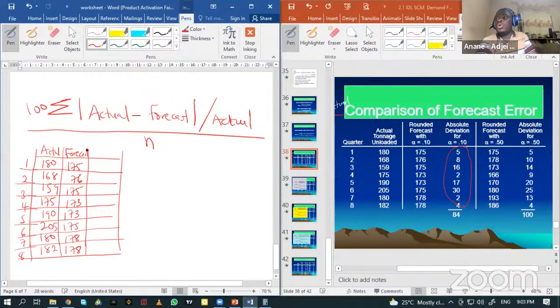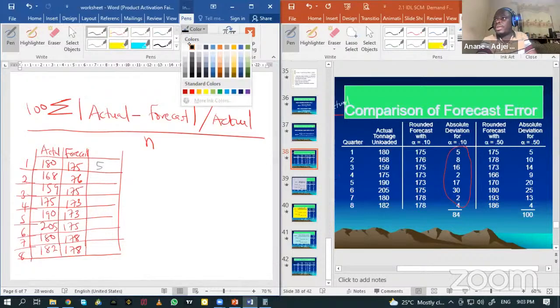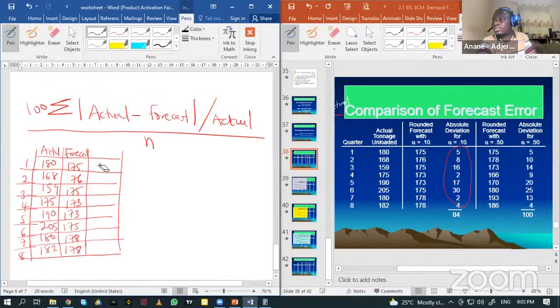Okay, so what we did was take our errors, that is subtracting this from this. We got 5 over here. So this is 5, this was 8, because we are dealing with absolutes.